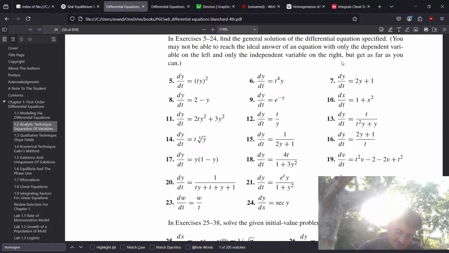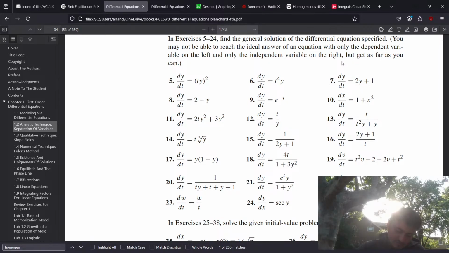Then we're going to get minus 1 over y is equal to t cubed over 3 plus c. Then we multiply by y and we get minus 1 is equal to y times (t cubed over 3 plus c). Then we divide, and we get y is equal to minus 1 over (t cubed over 3 plus c).